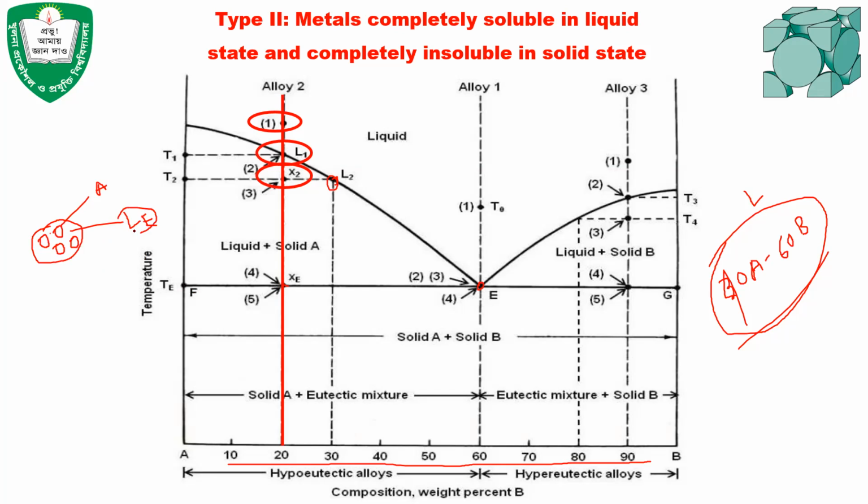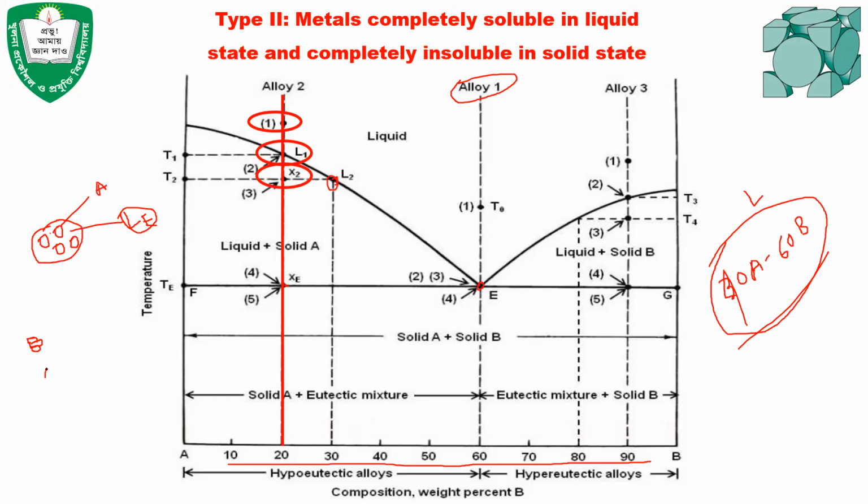And this liquid will solidify at a constant temperature, and the solidification process will be similar to alloy 1. Alloy 1 has a solidification procedure in which the metal A starts to solidify, and then alongside metal A, metal B starts to solidify.